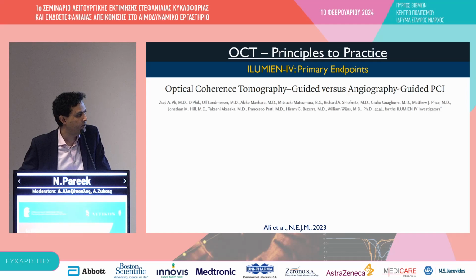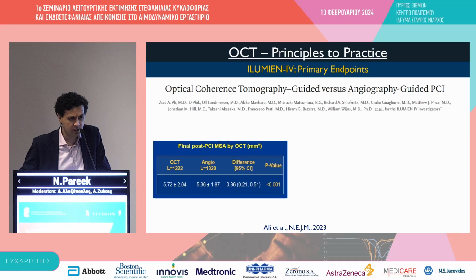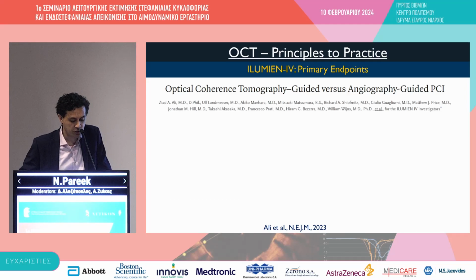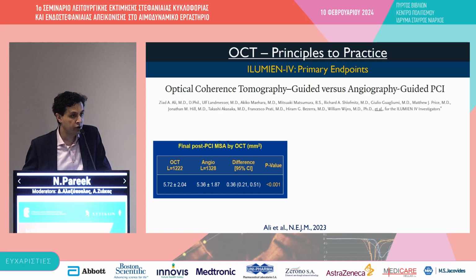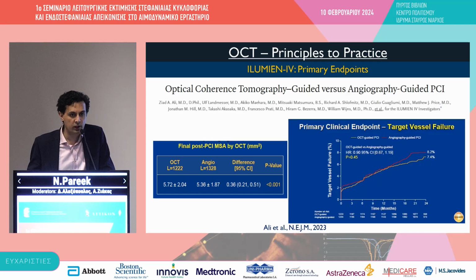Later that year, we had the ILUMIEN 4 study published, which was led by Ziad Ali and colleagues. This study randomized patients to OCT guidance with the ILUMIEN 4 protocol compared with angio alone. The first co-primary endpoint was positive, a better final MSA with OCT compared with angiography, but ultimately did not lead to improved target vessel failure, and we can perhaps discuss this later.